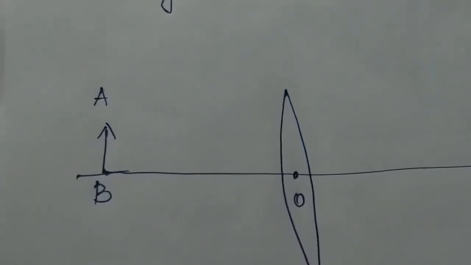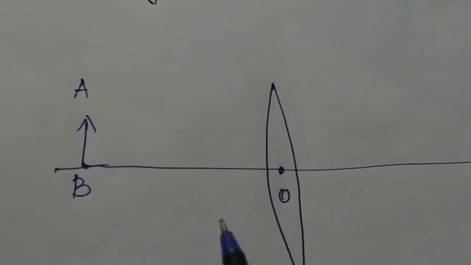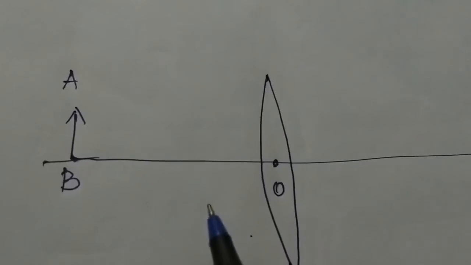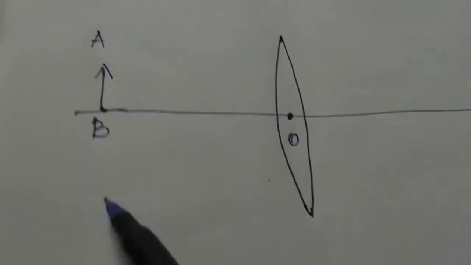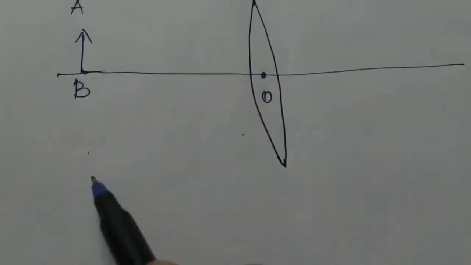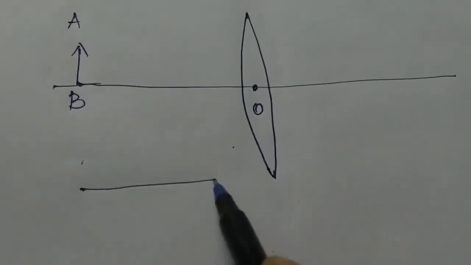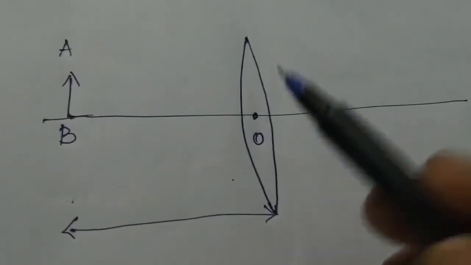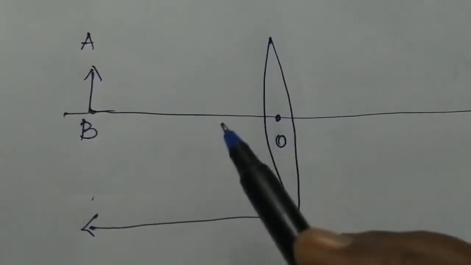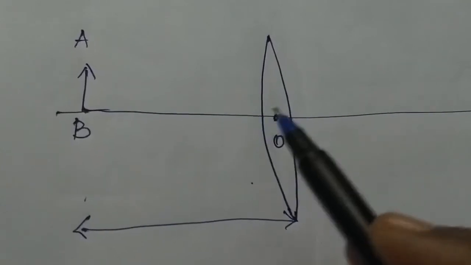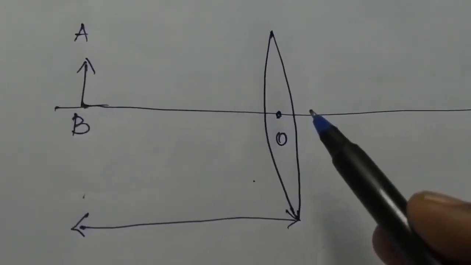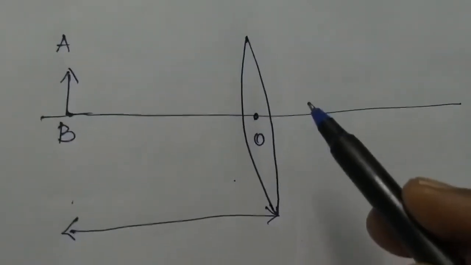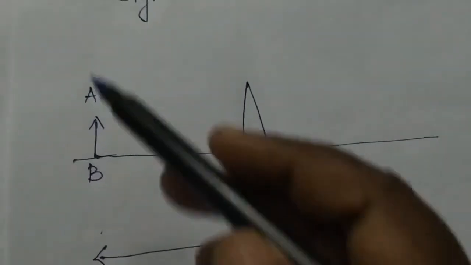And then second point, all the distances are measured from the optical center O of the lens. So we have to measure from the optical center O. And then third point, the distances measured in the same direction as that of incident light are taken as positive. So consider the light source.